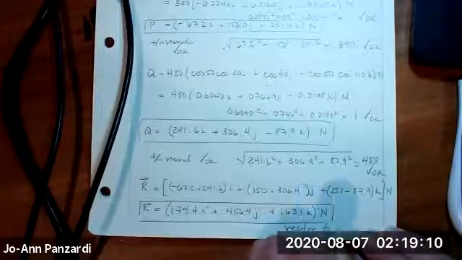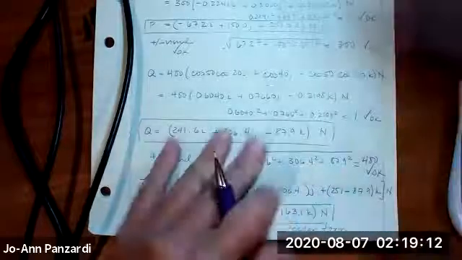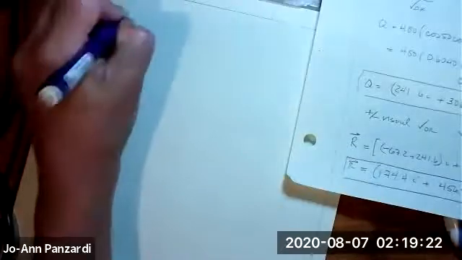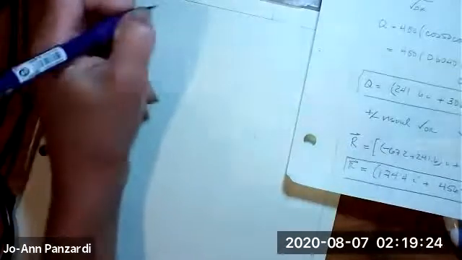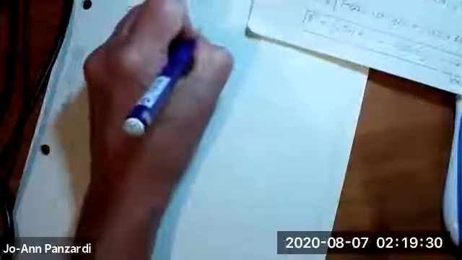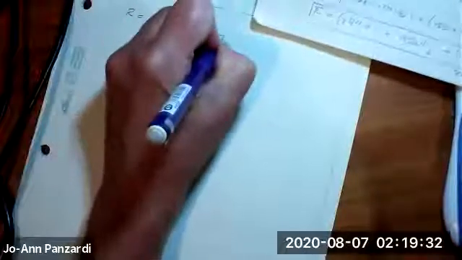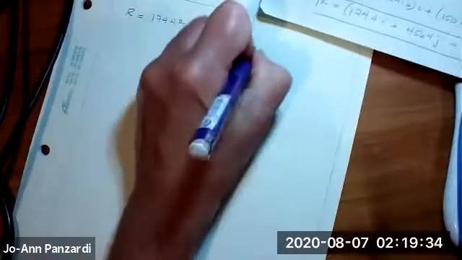But the problem also asks for the resultant force not only in vector form, but also in magnitude and direction angle. So to find the magnitude of R, I'm going to use 174.4 squared plus 456.4 squared plus 163.1 squared, all under the radical.